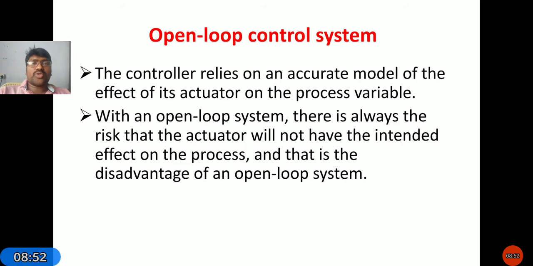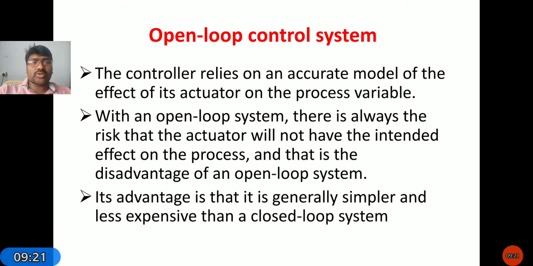As in case of closed loop, we can compare the output variable, so if any defect or malfunction occurs, we can immediately change or adjust the process. But in case of open loop, we can lose many products and suffer time loss. So if any malfunction occurs, this is the main disadvantage of open loop control system.